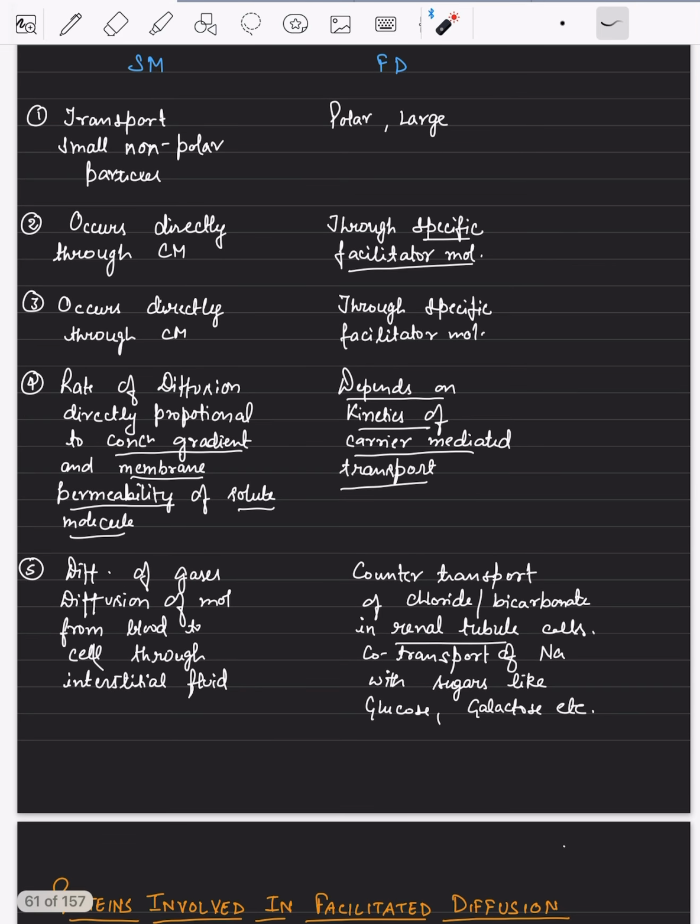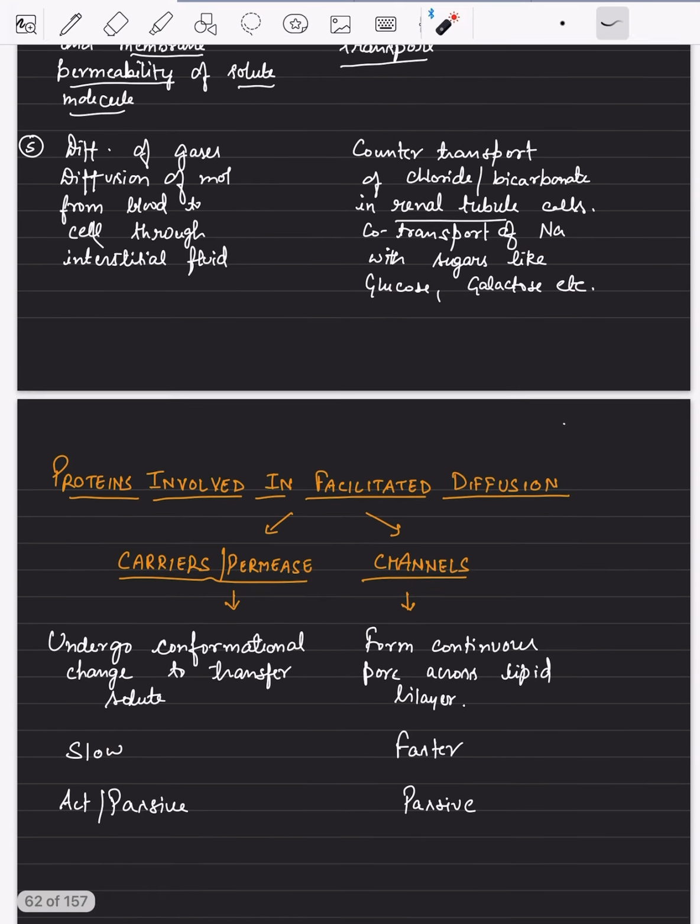The examples mentioned are diffusion of gases and diffusion of molecules from blood to cell through the interstitial fluid. Whereas in facilitated diffusion, chloride bicarbonate transport, counter transport in excretion, right? Co-transport of sodium with sugars like glucose, galactose, etc. are examples of facilitated diffusion.